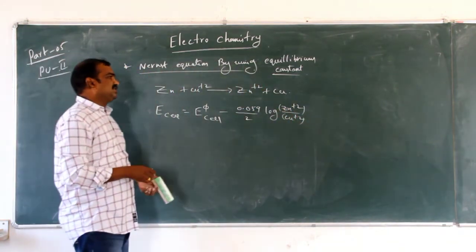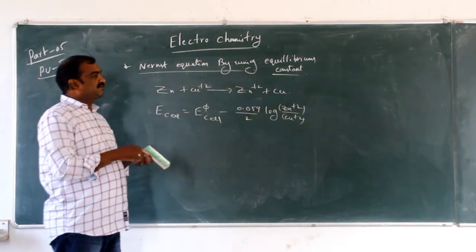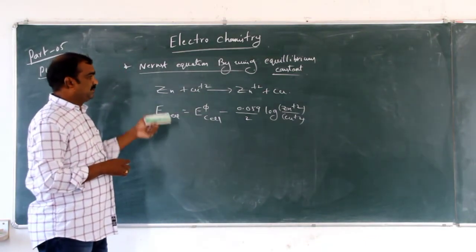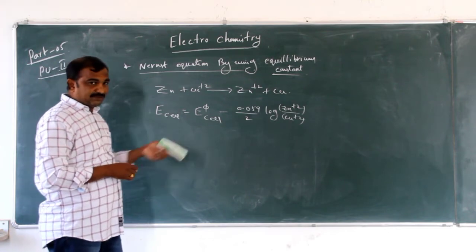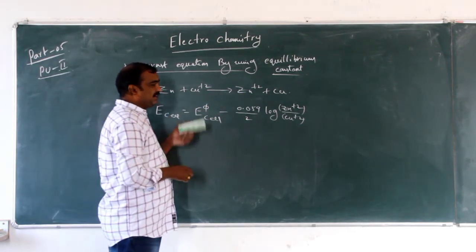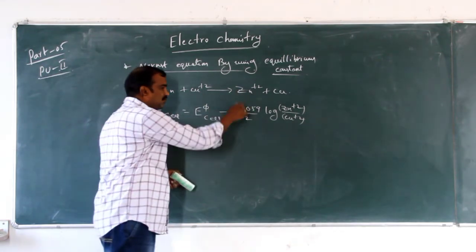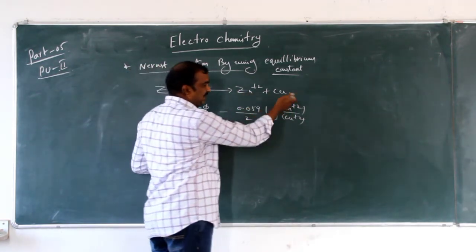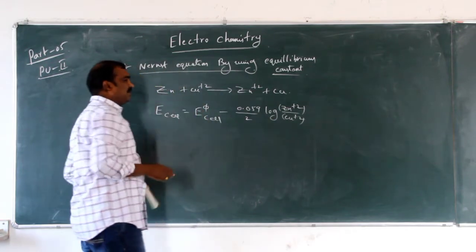So this is the Nernst equation for the Daniell cell, Zn plus Cu2+ gives rise to Zn2+ plus Cu. How many electrons are transferred here? 2 electrons. We substitute all these values and convert ln to log, and this equation comes.